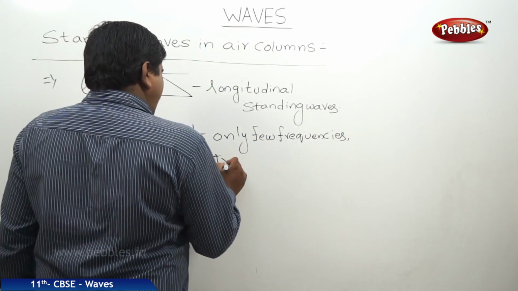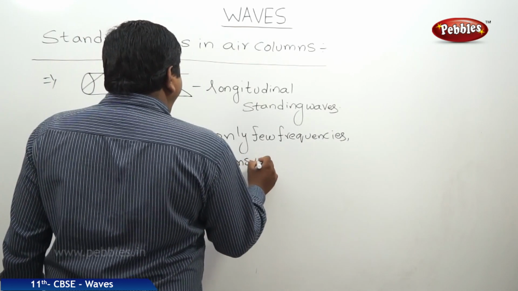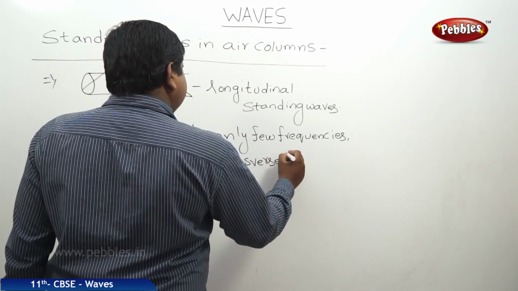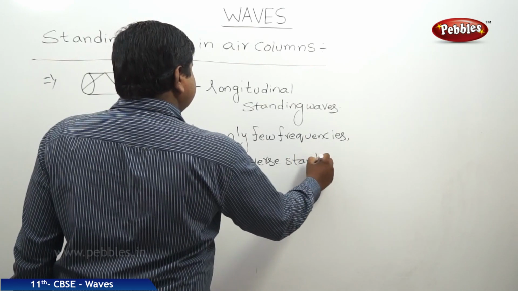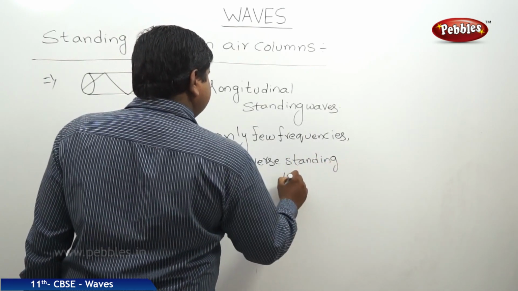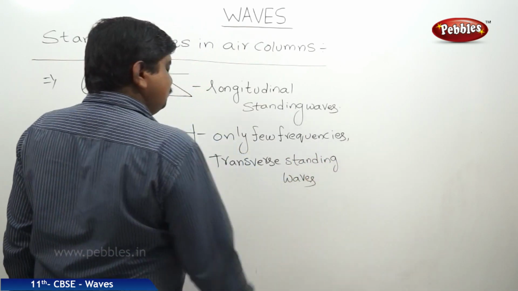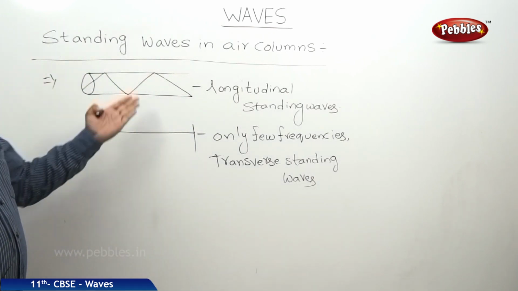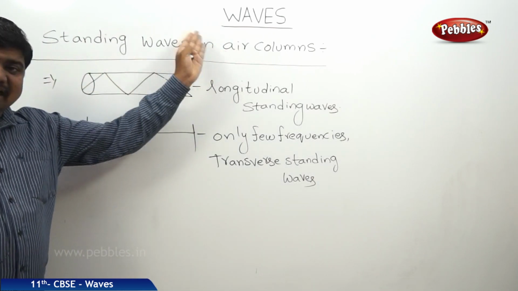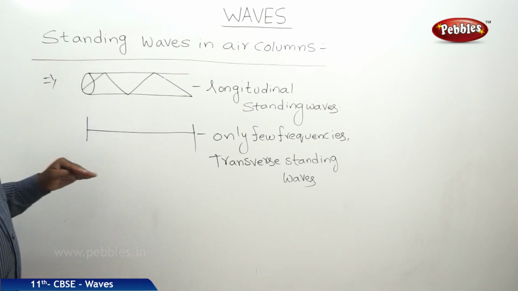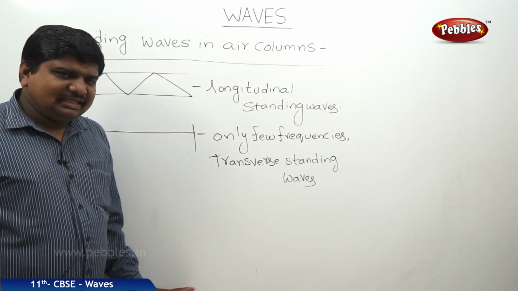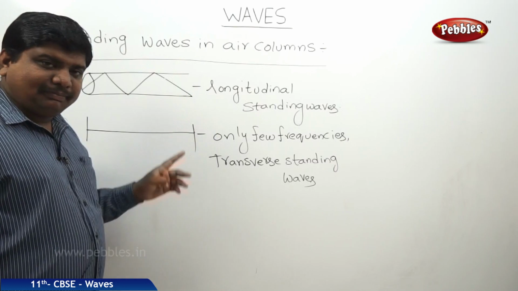This is said to be transverse standing waves. But these two standing waves are created or passing through air columns. So now we will discuss the equation parts for these two cases separately.